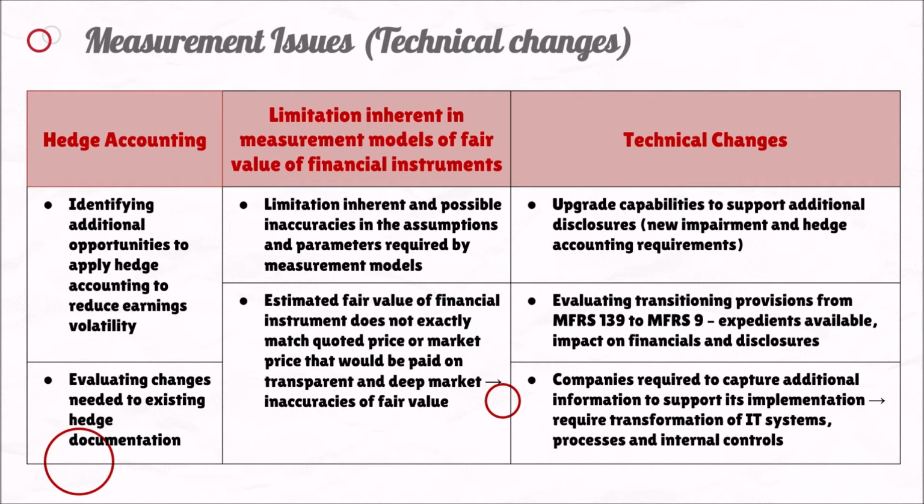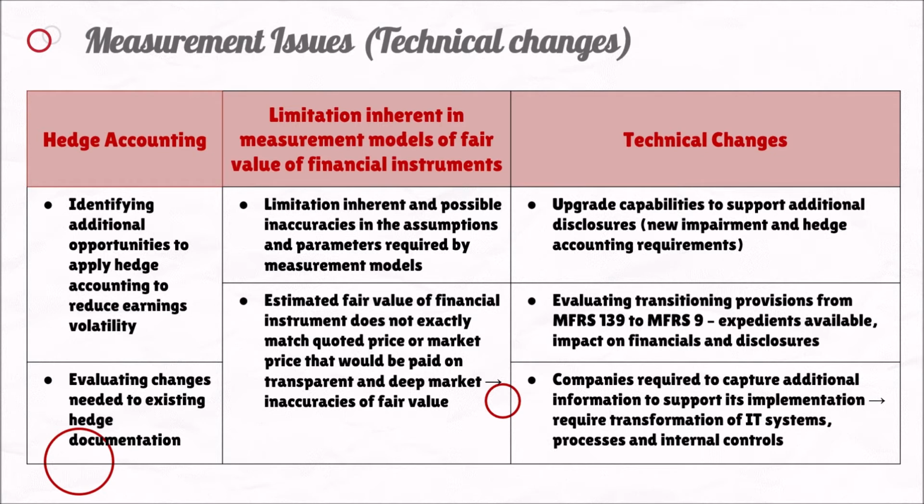Lastly, there will be other technical changes. For example, measurement issues will arise when the entity is required to upgrade capabilities to support additional disclosures, for example, new impairment and hedge accounting requirements.